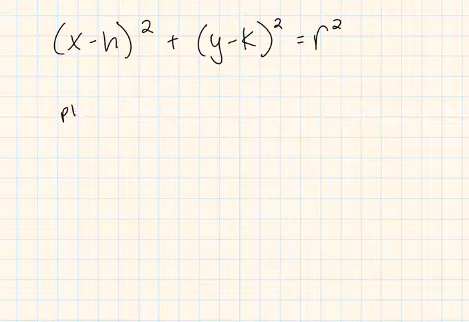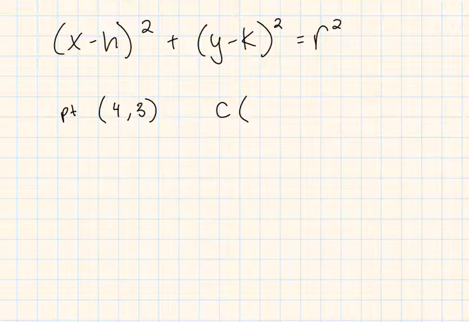So let's say there is a point, and it is (4, 3), and the center is at (2, 3). If I'm filling in my parts, I do have an x and a y here. That is my point. And I do have my h, k, that's my center.